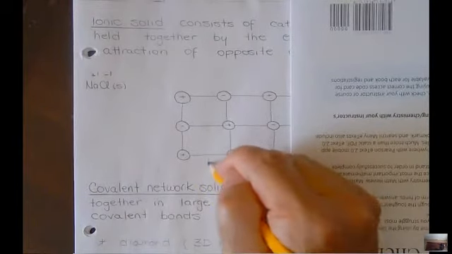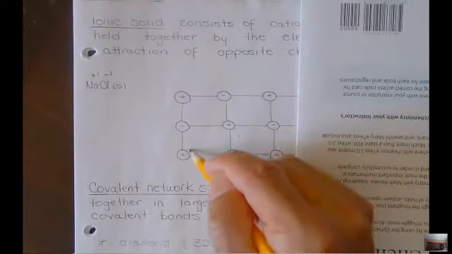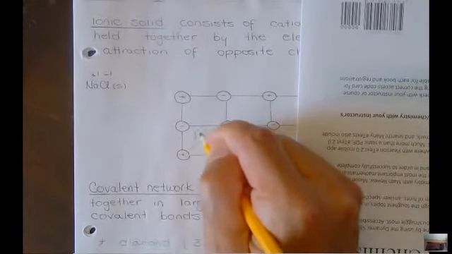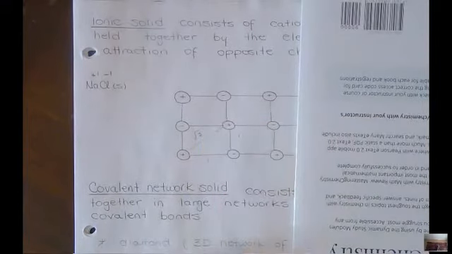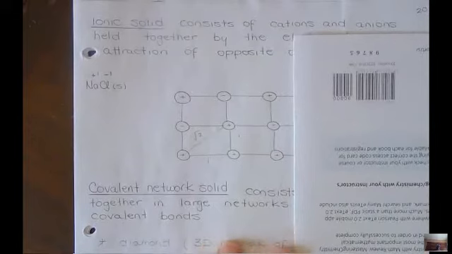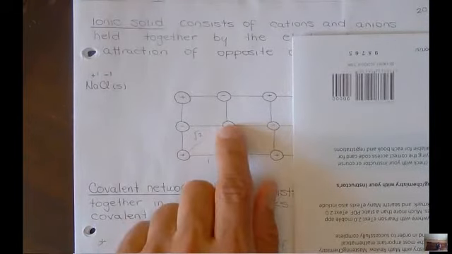This kind of packing, this kind of arrangement, is critical because you want your nearest neighbor to be an opposite ion.